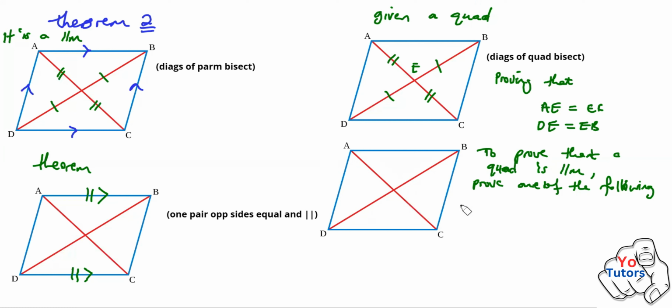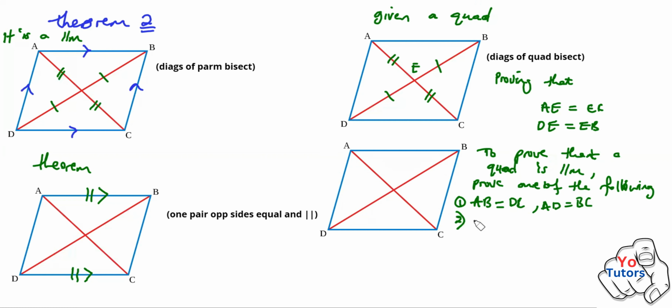Number one, you must prove that AB is equal to DC, and also AD is equal to BC, because the opposite sides must be equal.